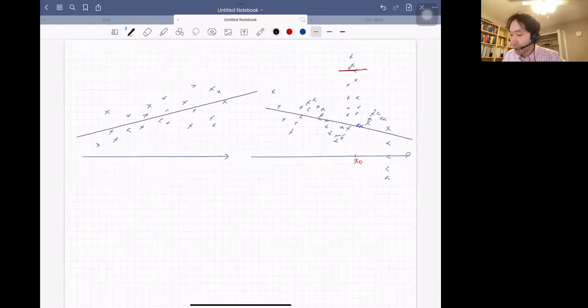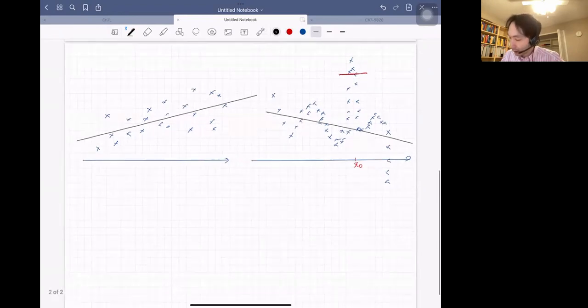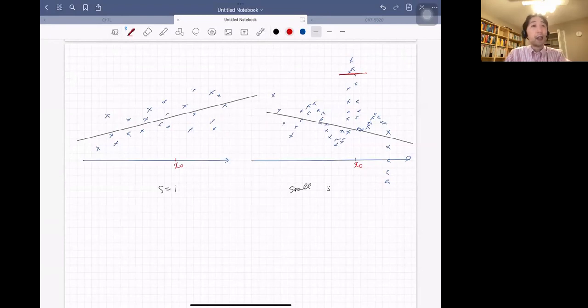So in this case, we have to use a small s, a small proportion, to be used. And in the simple case, we can use all observations to fit the model. So we have to decide s.